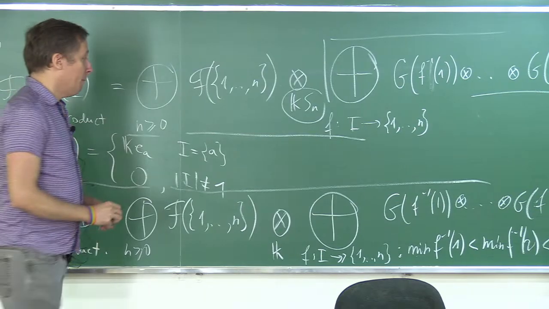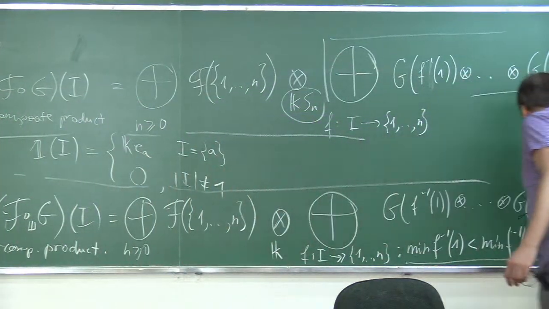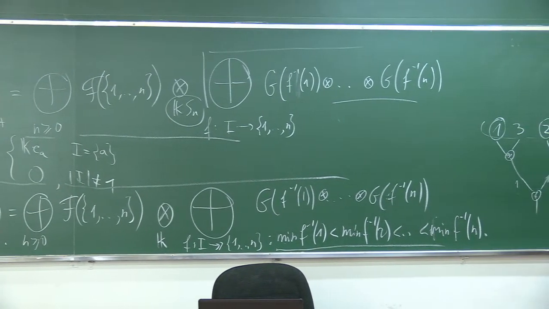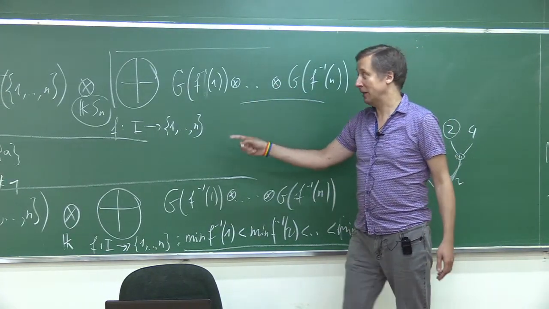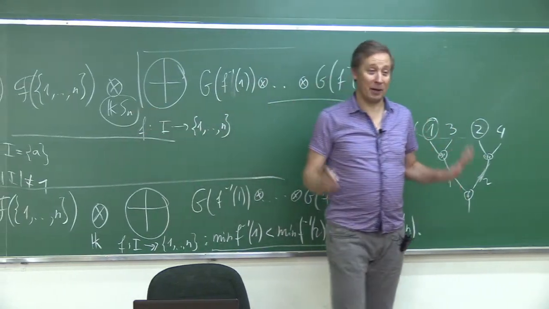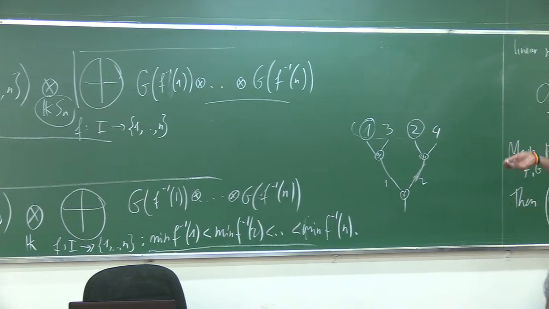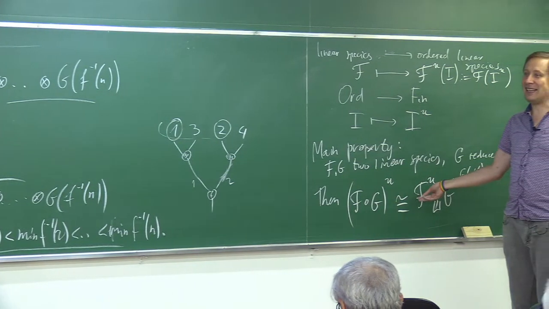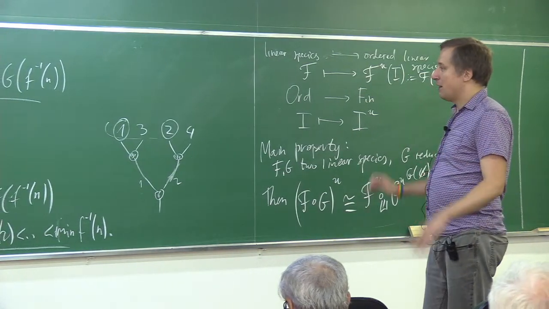And if your set I is ordered, then you can impose this condition on the map by increasing from left to right, and this gives you a vector space of generators of that free module. So you can cancel the symmetric group. This is not a very complicated proof. You just need to figure out that this statement is true, and then once you know it, the proof is quite clear.